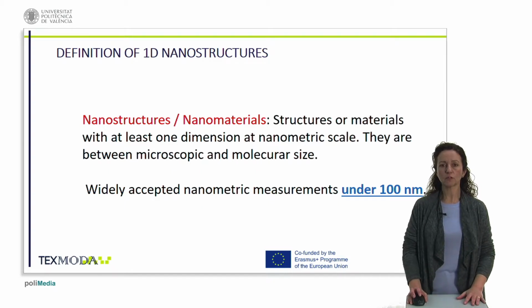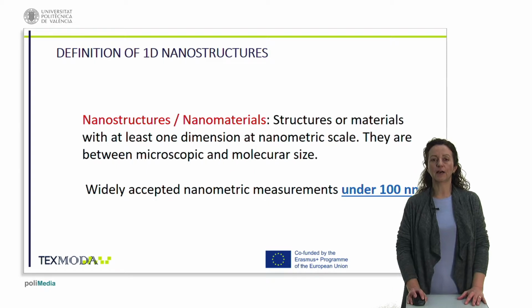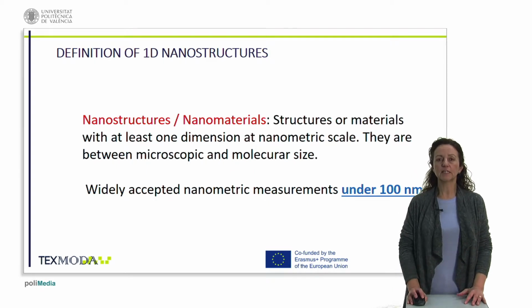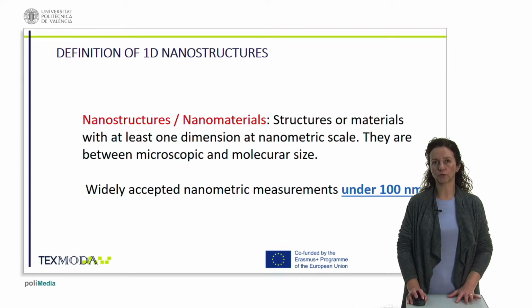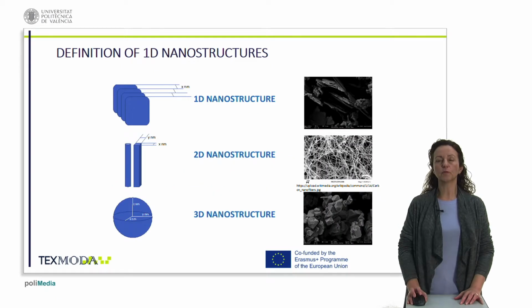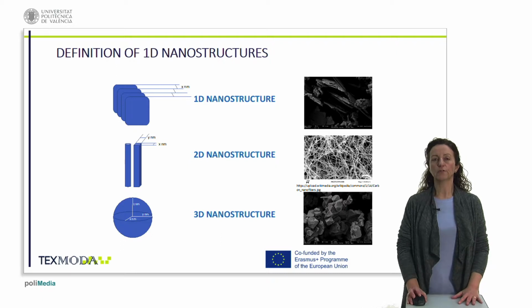Okay? So we can classify nanostructures or nanomaterials into three different groups, and these groups depend on the kind of material that we have. For example, in this slide we can observe 1-dimension nanostructures, 2-dimension nanostructures, and 3-dimension nanostructures.